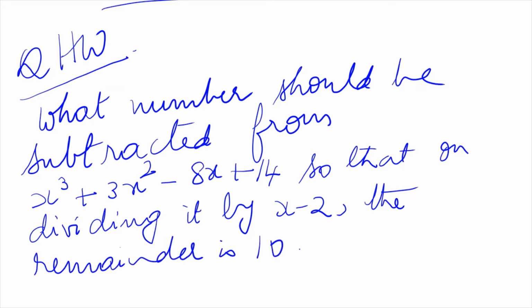So here you have to start with let k be the number that should be subtracted. So f(x) will be this whole thing minus k. Then you will substitute x is equal to 2, that is f of 2, and you will find out the value of k.